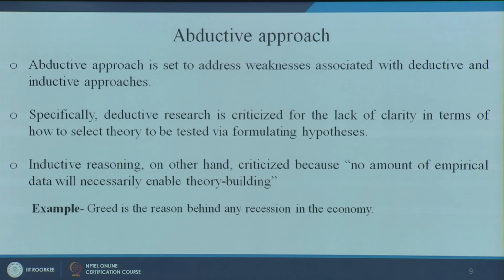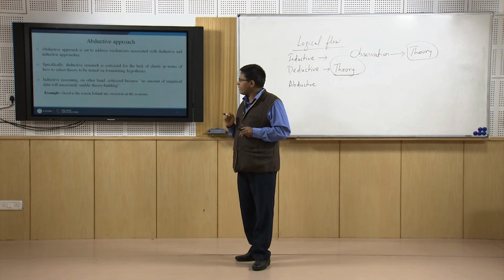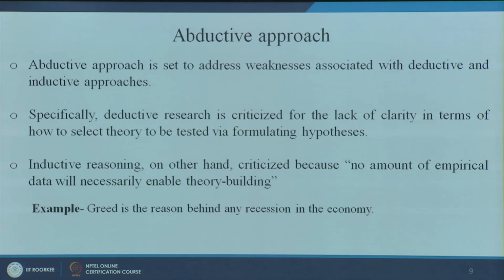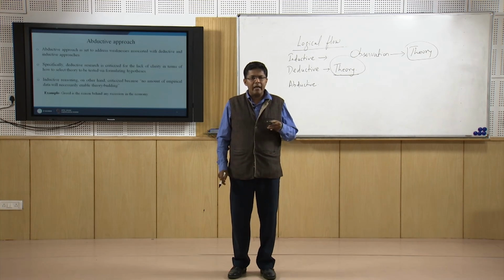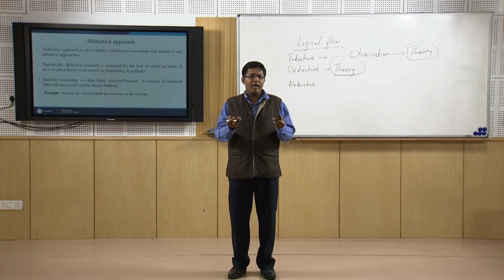Because there is a lack of clarity to select a theory, there is a criticism against it. Similarly the criticism against inductive reasoning is that no amount of empirical data will necessarily enable theory building. For example, if you go on collecting data, they might be connected, might not be connected, there might not be any correlation between them.